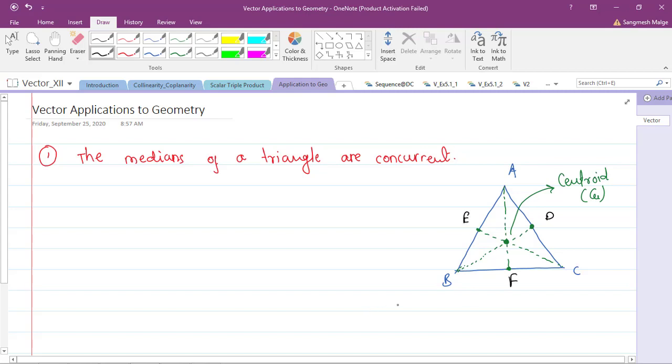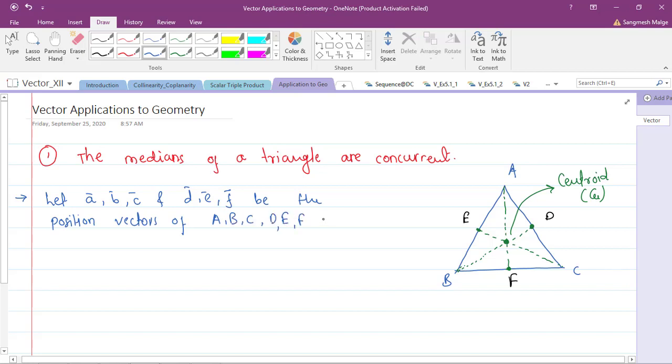Now how to prove this concurrency with the help of vectors? So let A bar, B bar, C bar and D bar, E bar and F bar be the position vectors of A, B, C, D, E, F respectively.